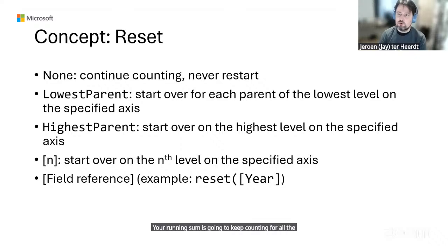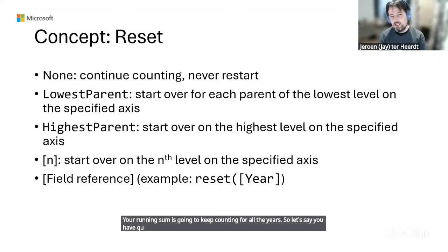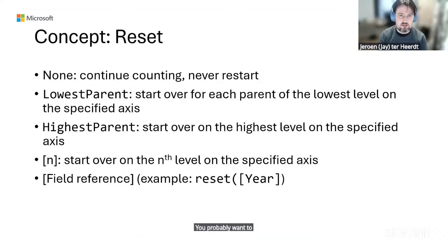So let's say you have quarters and years, then probably your client's expectation and your expectation is actually that your running sum would restart for every single year, right? Like after the fourth quarter ends, you probably want the running sum to start over again from 0. So you want your running sum to actually calculate within the year.